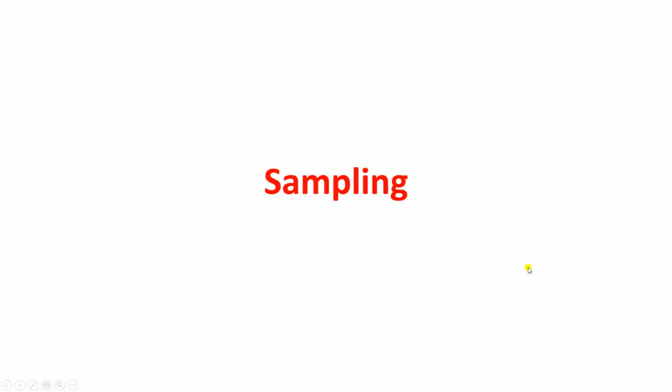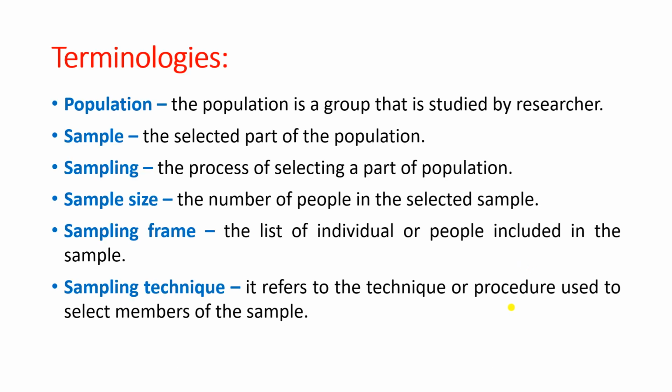Okay, moving on. The next very important part is sampling. There are certain terminologies you have to understand. First is population. Population is the group that is studied by the researcher. I will give you an example and that will be easier to understand. I told you that I want to know how many first year MBBS students in our state of West Bengal are hypertensive.